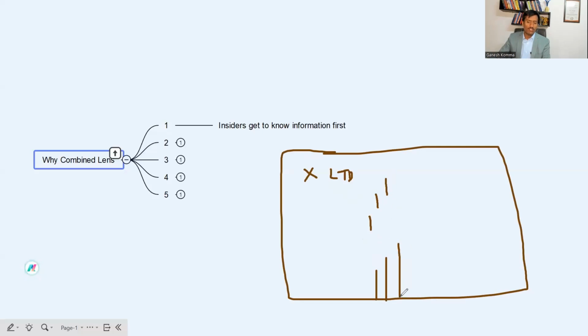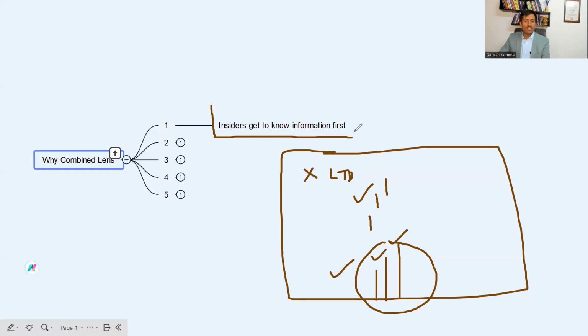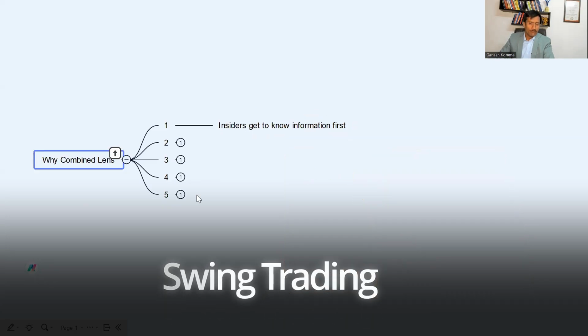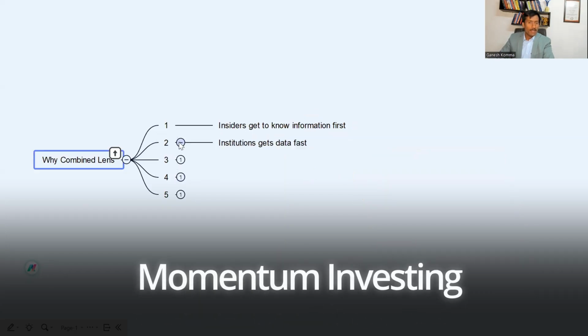So when you see a consecutive increase of volume and price, it means big players are accumulating the stock. They are buying more in volume. So you get to know that someone is accumulating, something very strong is happening in the stock, and you can participate in that momentum. That's called swing trading or momentum investing, right?